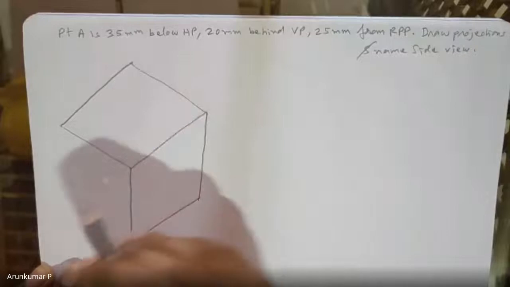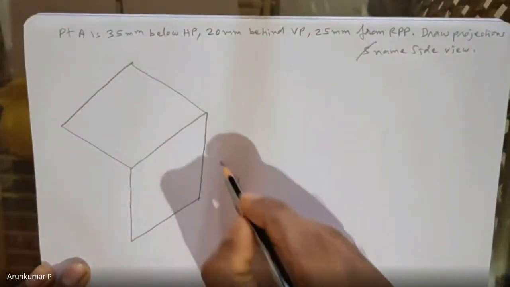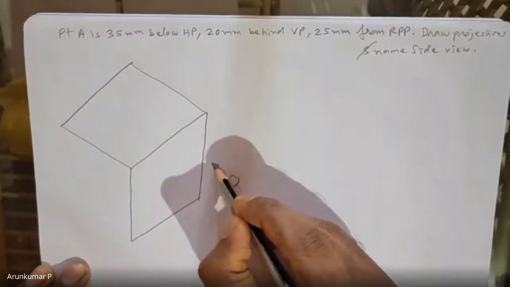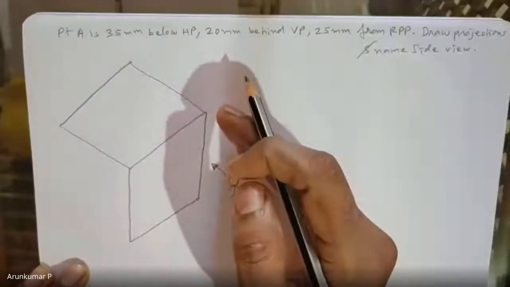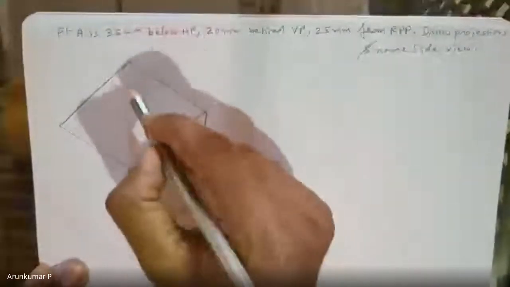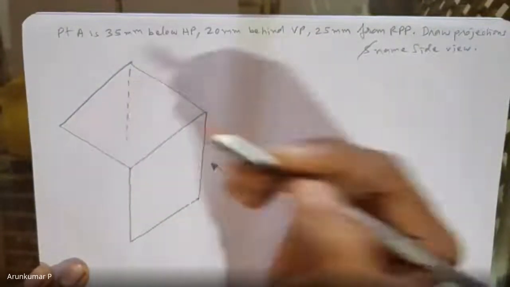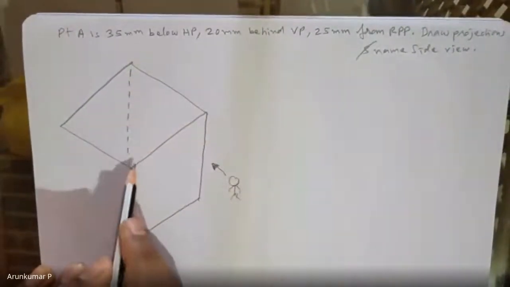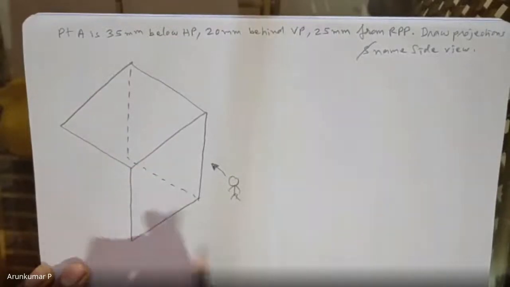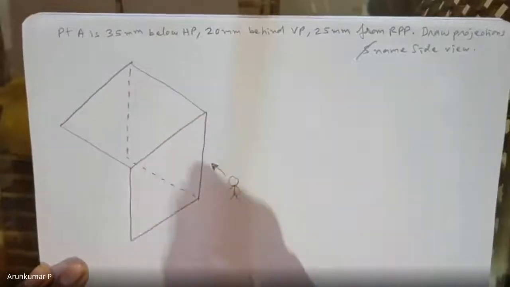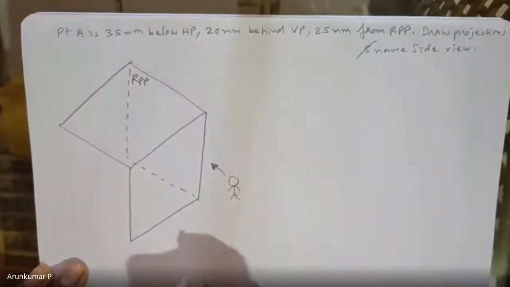Since this is the observer, the plane on the right side will be RPP, the right profile plane.